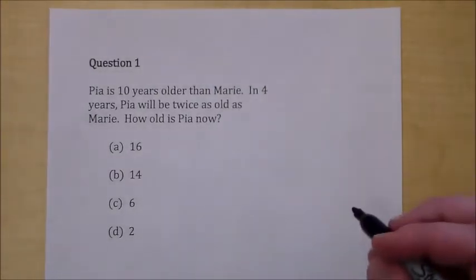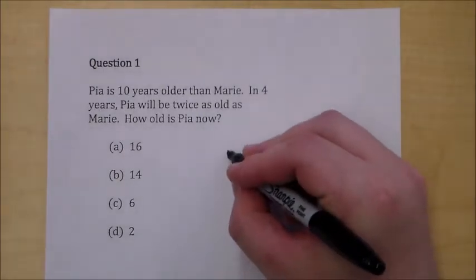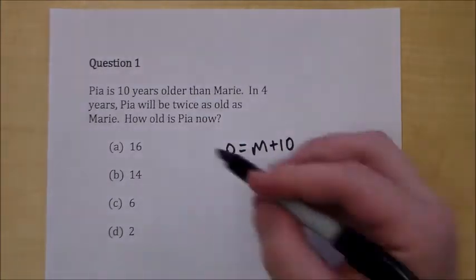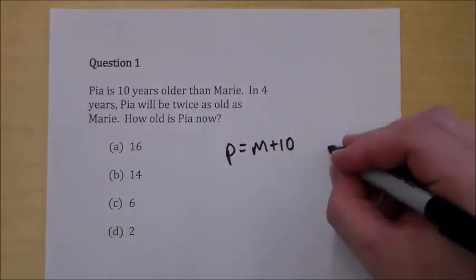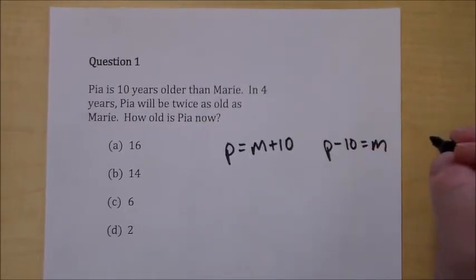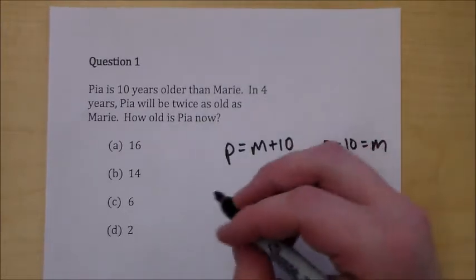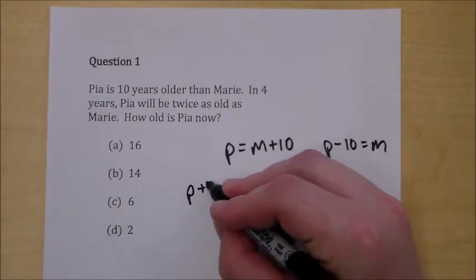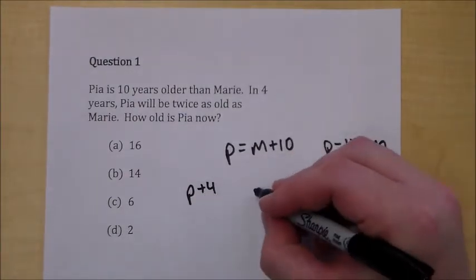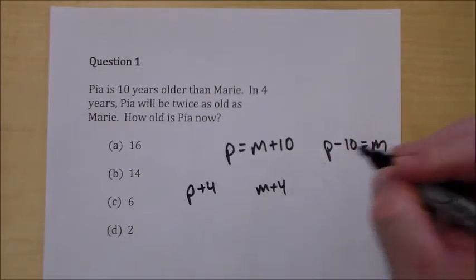Okay, so Pia is 10 years older than Marie. So Pia equals Marie plus 10, right? And if you want to say Pia minus 10 equals Marie, that's fine too. In 4 years, Pia is going to be, because P is Pia now, P plus 4, and Marie is going to be M plus 4, right?